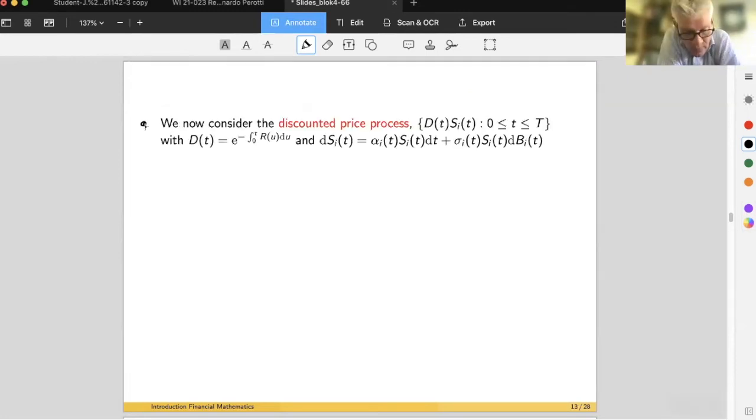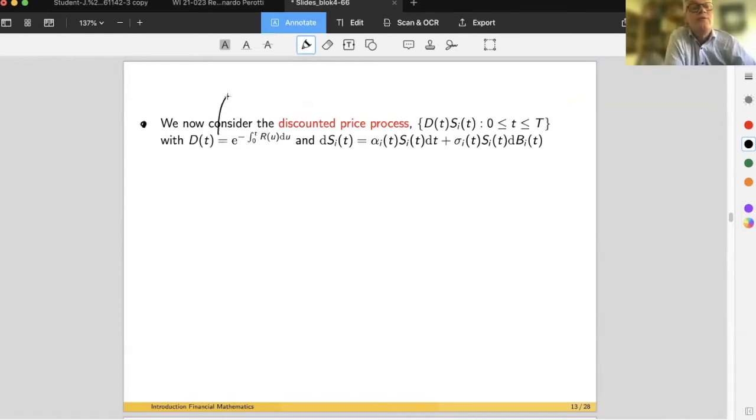We come back to our original price process. We will look at the discounted price process, D(t) S_i(t), where little t runs from 0 to capital T. And we have that discount term, D(t), that is e to the power minus the integral from 0 to t of r(u) du.